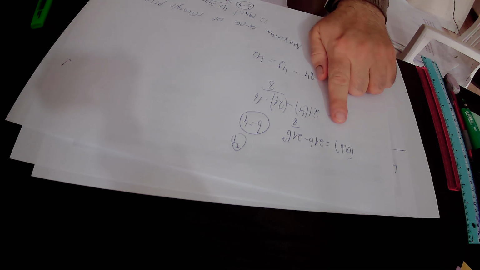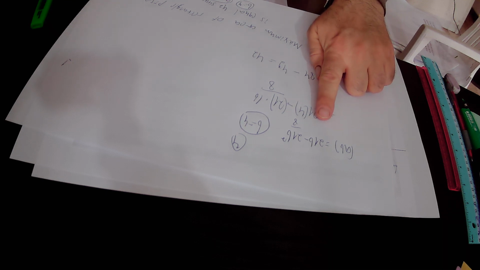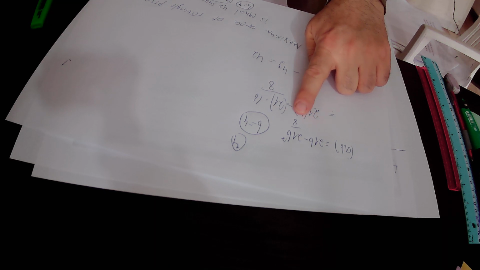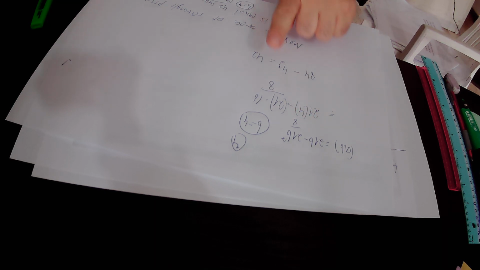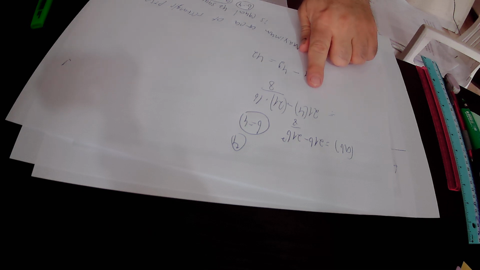Now we calculate the value of the area when b equals 4. When b equals 4, the function of the area is 21b minus 21b squared over 8. Here b equals 4, so we substitute b by 4.